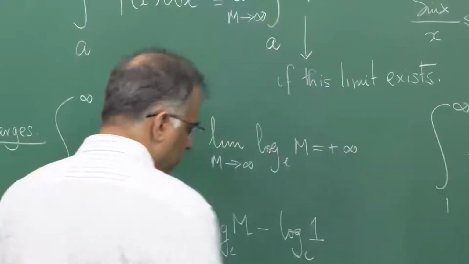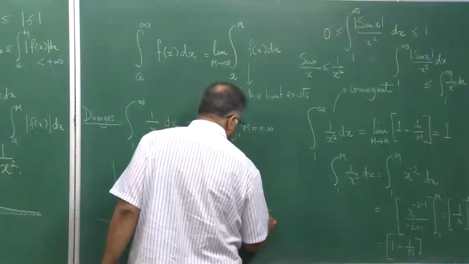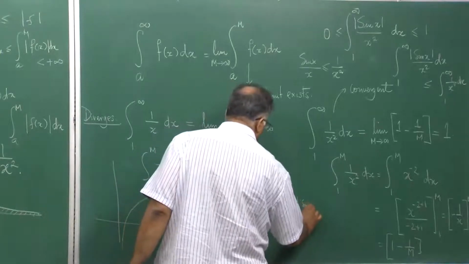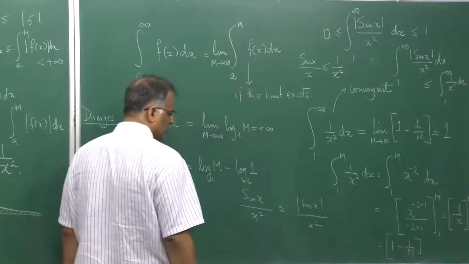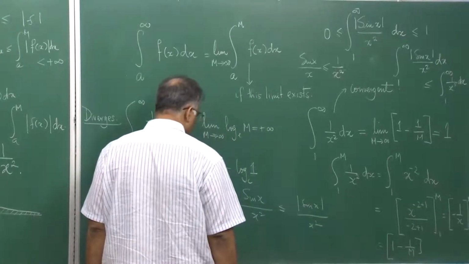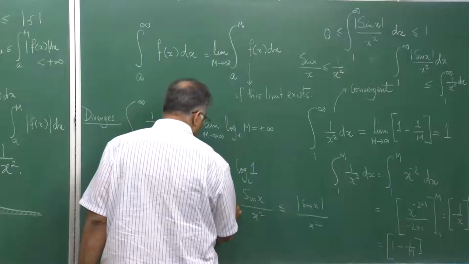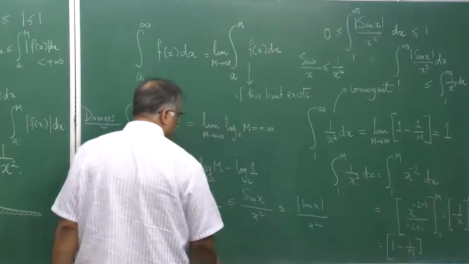So here is an example, you can simply take this example. For example, sin x by x square is less than or equal to mod sin x by x square. In fact, sin x by x square is also bounded below by minus 1 by x square.